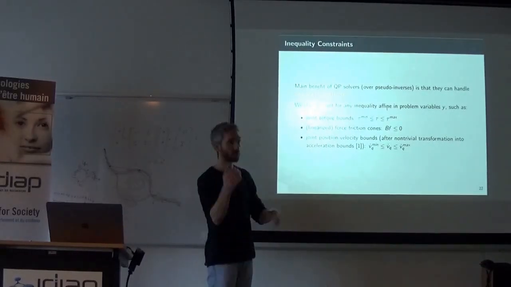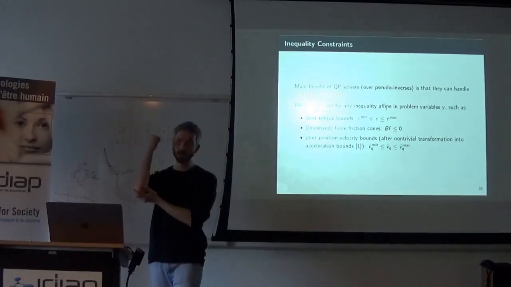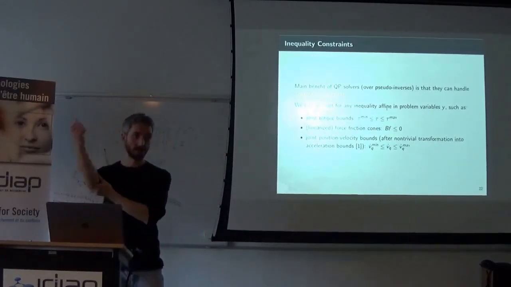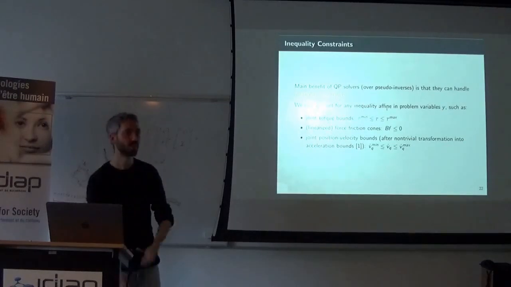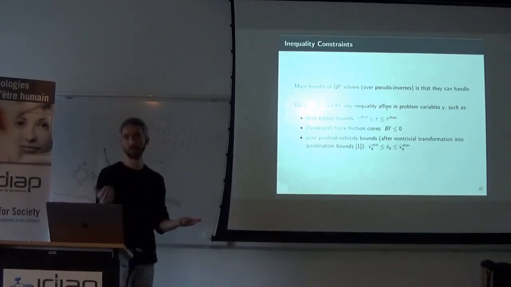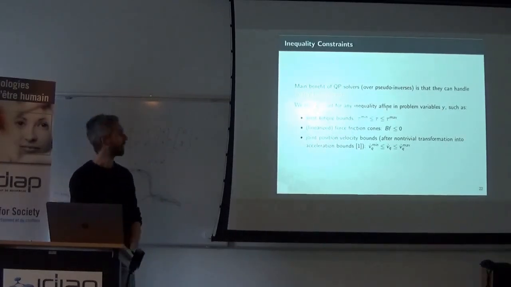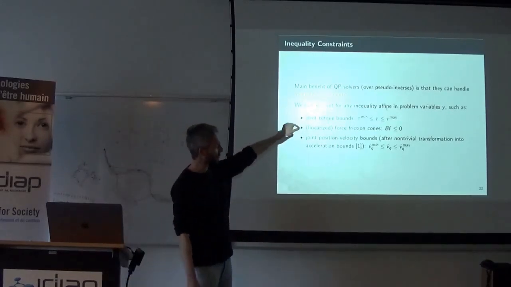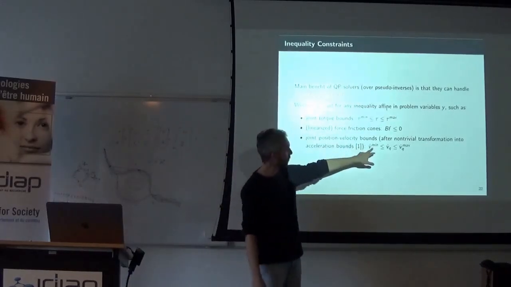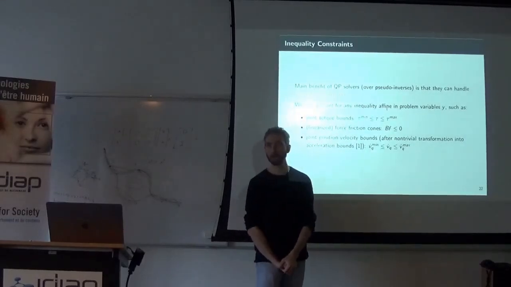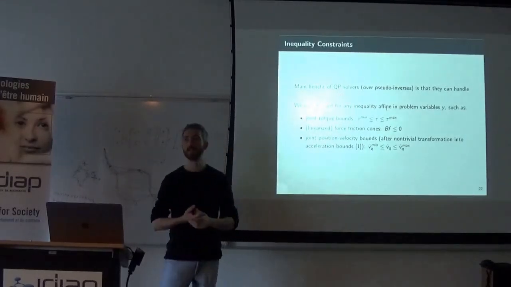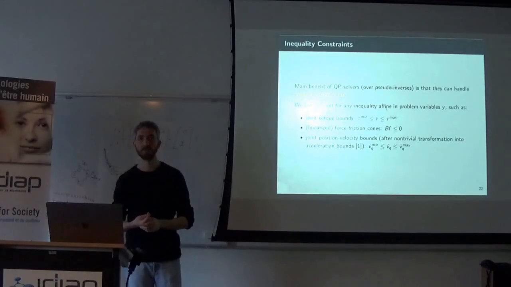Or your robot has also bounds in the joint positions, right? I cannot go beyond this point. And in the joint velocities because of the motors. And you can translate these joint position and velocity bounds into joint acceleration bounds and include them inside the TSID problem.